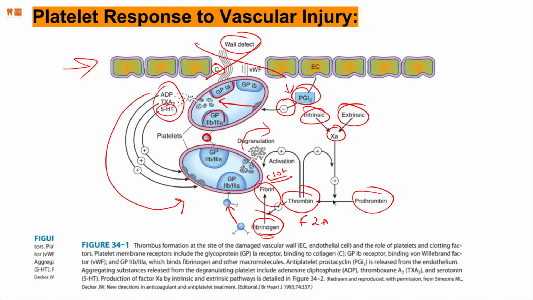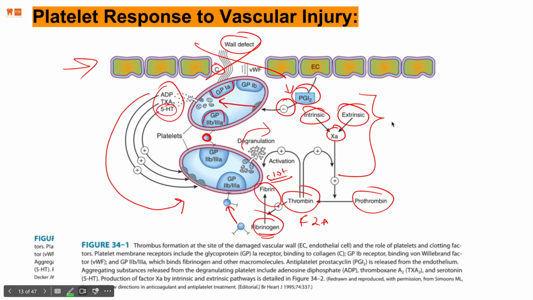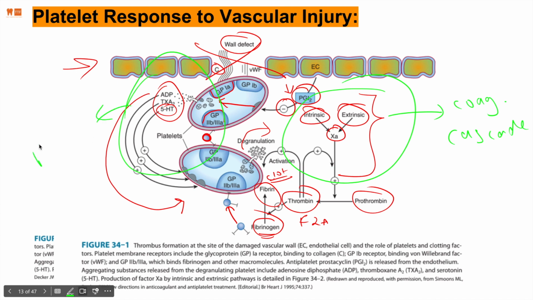So this section right here, right? So I'll change colors just so that we're able to see better. This section right here is part of the coagulation cascade. This section right here is about platelets. So it's two in one, two mechanisms, okay?